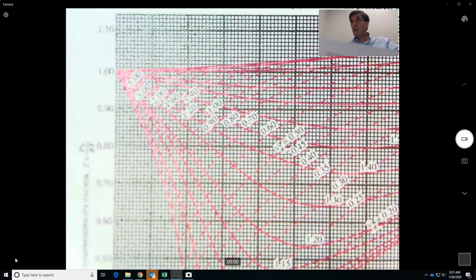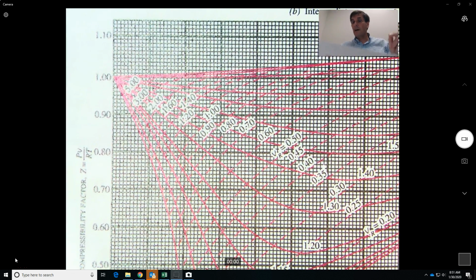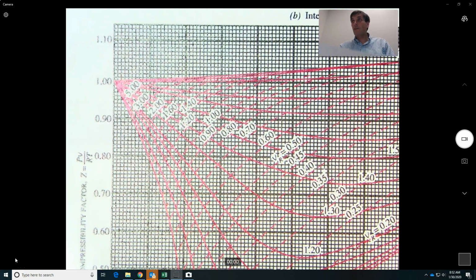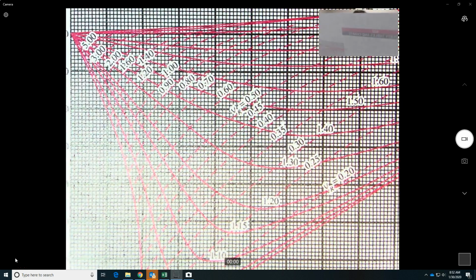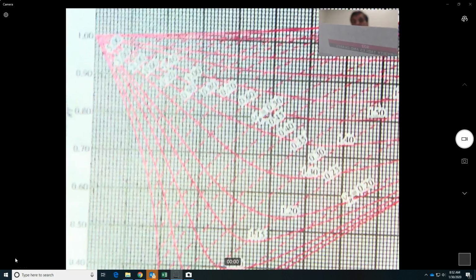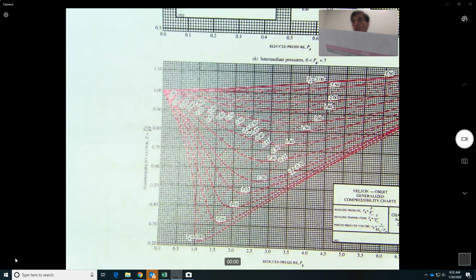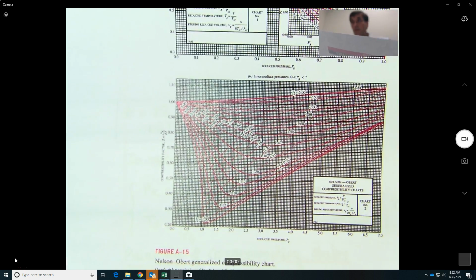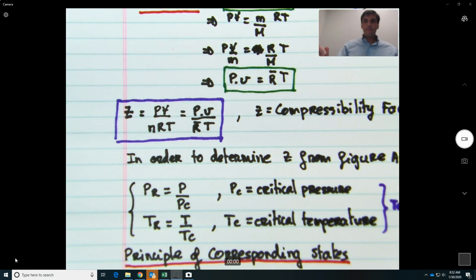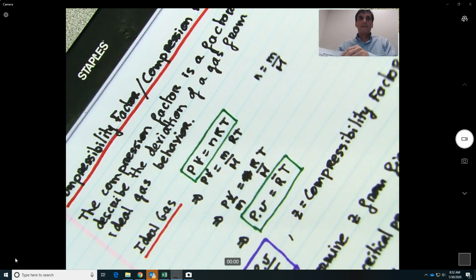But that would be later. If you look at it, the dotted lines are actually VRs, you can see right here, and the solid lines would be lines of TR. Okay. So let us do a simple example.